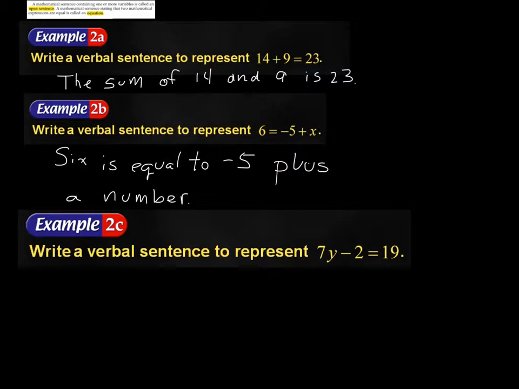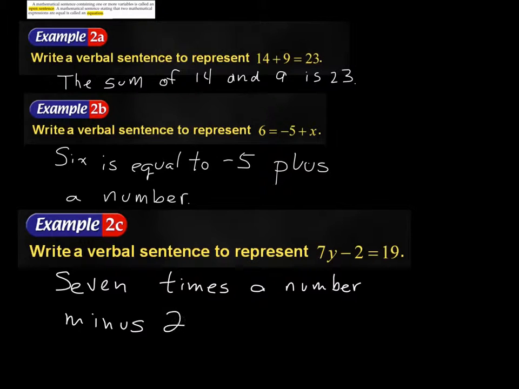Write a verbal sentence to represent 7y minus 2 equals 19. One of the ways you could write that would be 7 times a number minus 2 is 19. You could also say the product of 7 and a number decreased by 2 is equivalent to 19. Lots of right answers.